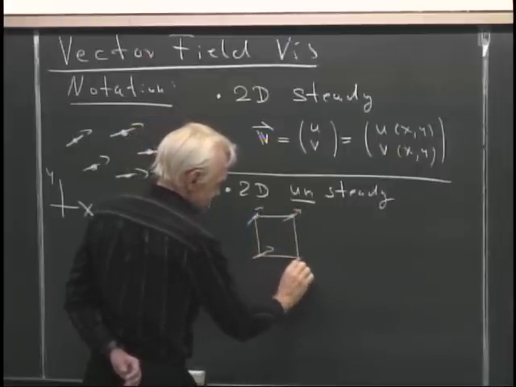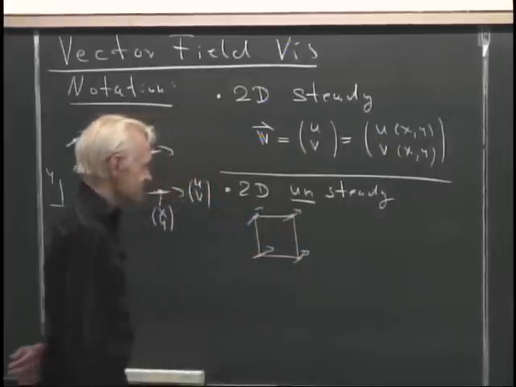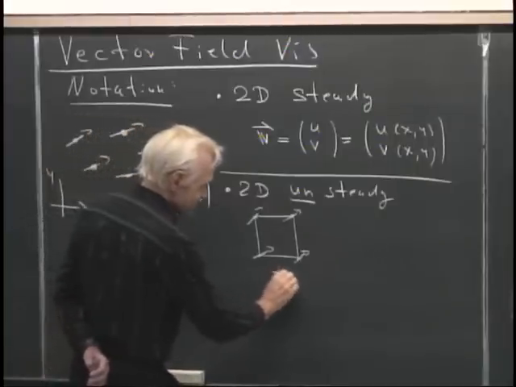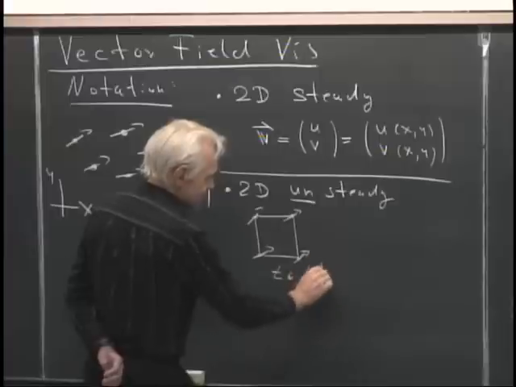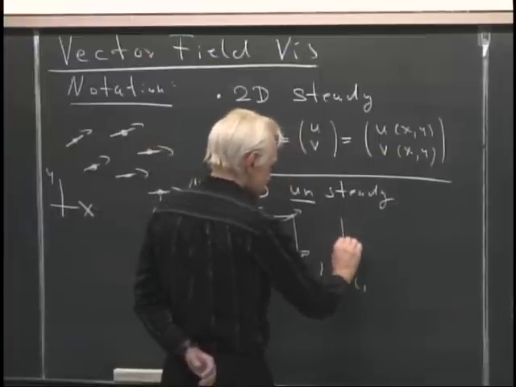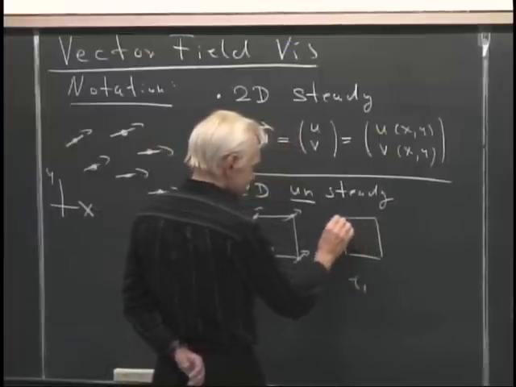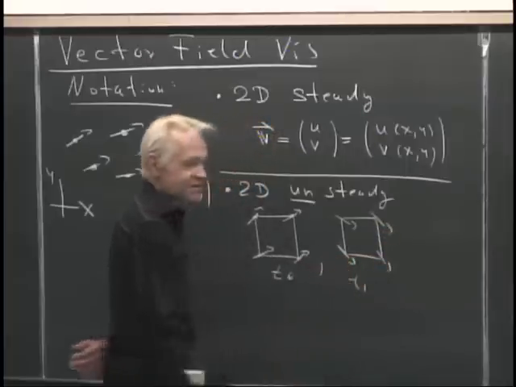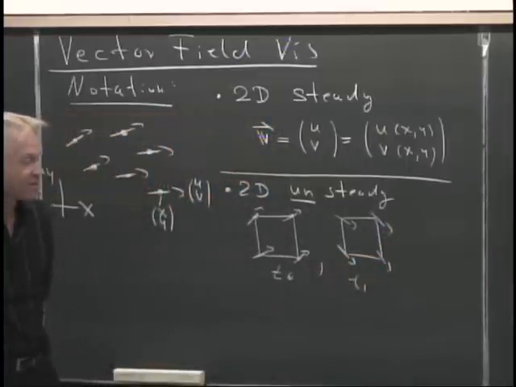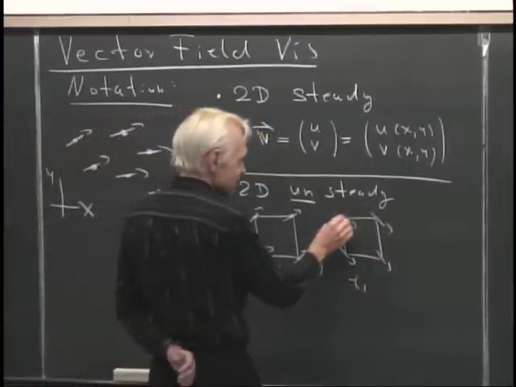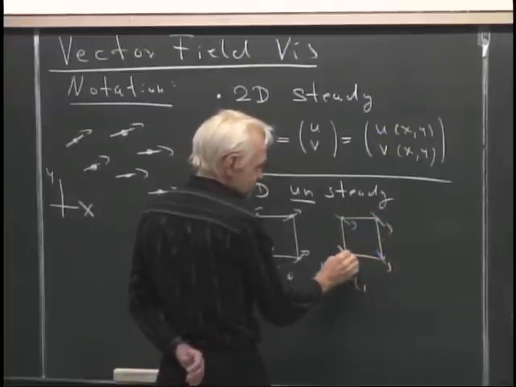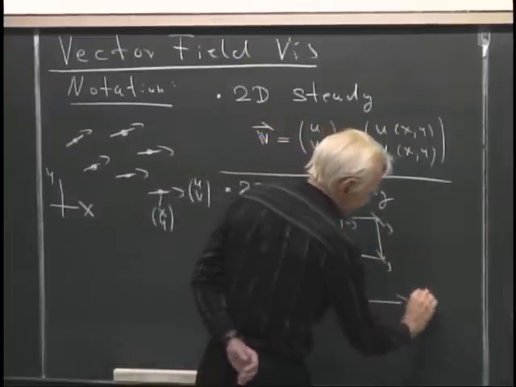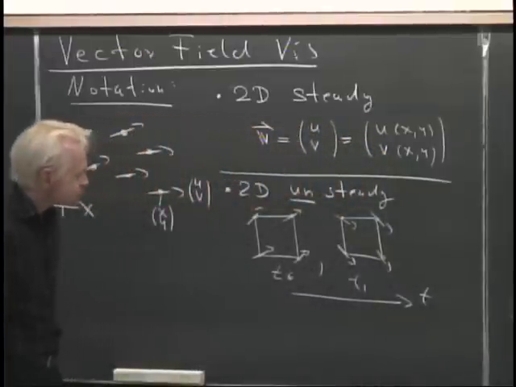A little quadrilateral cell, and this is for time 0. Then for time 1, at the same cell corners, I might all of a sudden have different behavior, right? So at the same locations, I have a different vector field behavior. And here is my running time.